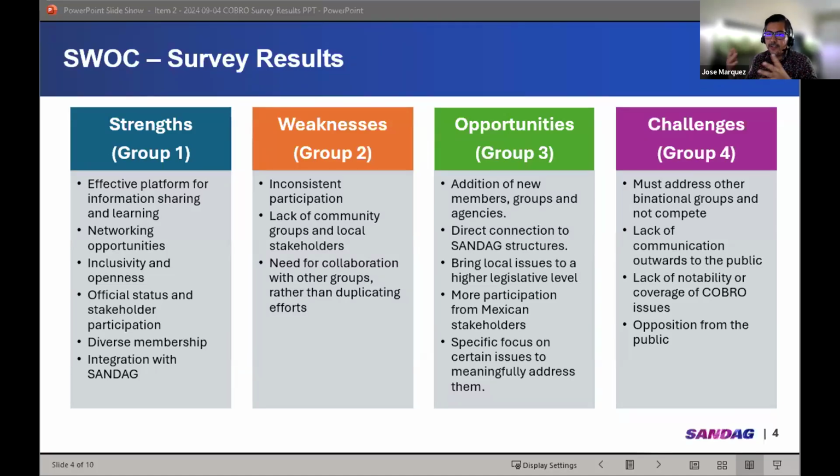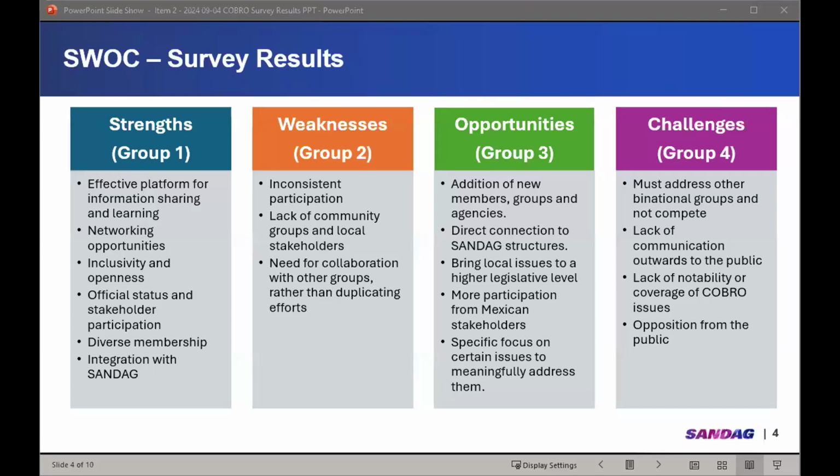I know there are logistics with those things, but I think it would increase participation, especially for people coming from south of the border. If you're coming from Tijuana, Rosarito or Tecate, one thing is to cross the border, but you still have to drive at least half an hour to downtown.